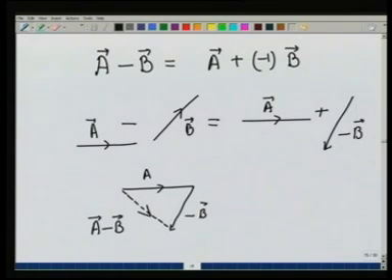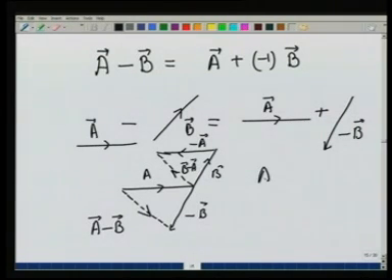And you can see right away that a minus b is not same as b minus a, because b minus a would be b minus a. Minus a would be opposite to a, and therefore, this would be like this. This is b minus a.